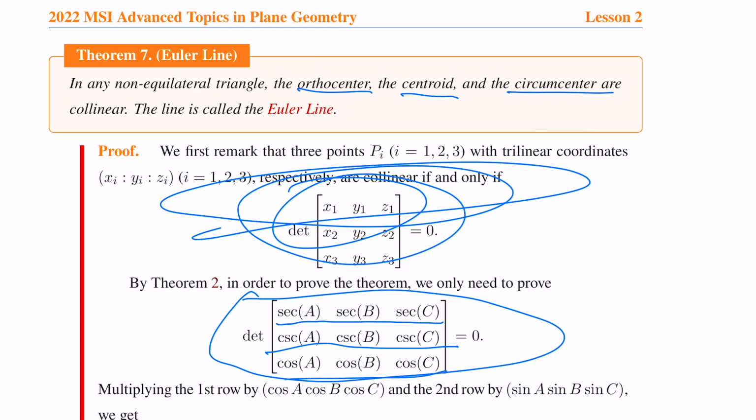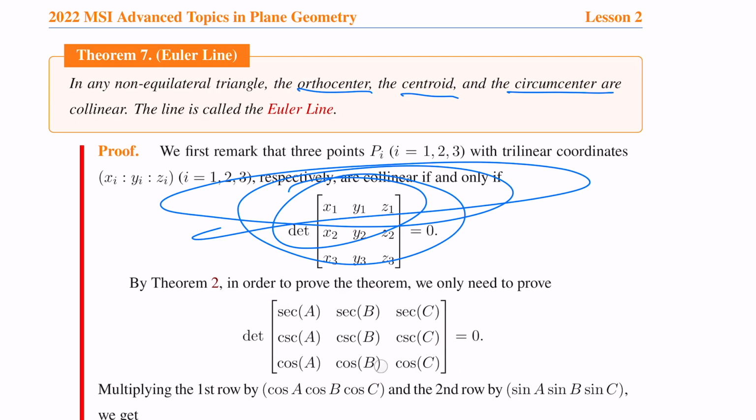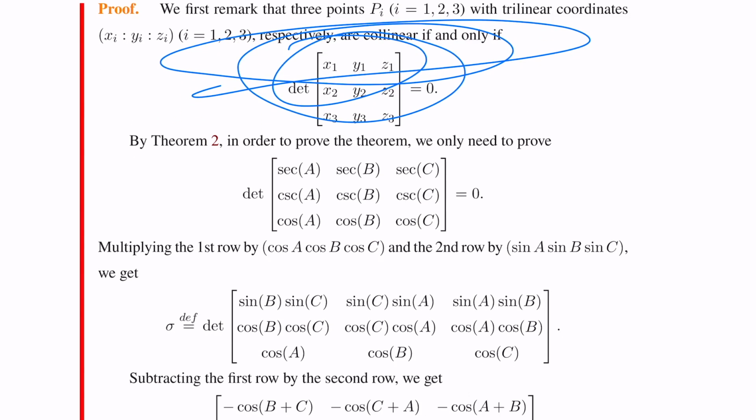So how do we prove that this determinant is equal to 0? We have to use a little bit of trigonometry. Secant and cosecant are the trigonometric functions 1 over cosine and 1 over sine. When you have something in the determinant, you can multiply rows by common factors.